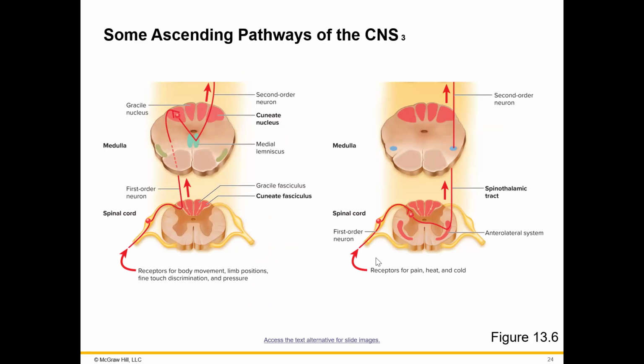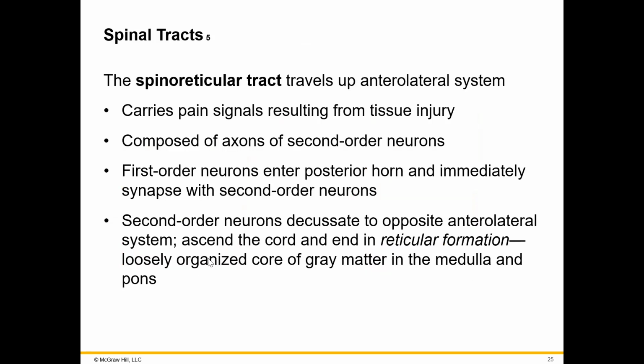Each track is not only classified based on whether or not it decussates, it is also classified based on the sensation that it's carrying. All these tracks are carrying sensory input, but what kind of sensory input? Some are carrying pain, heat, and cold, while others are carrying balance, body movement, limb position, and fine touch discrimination.